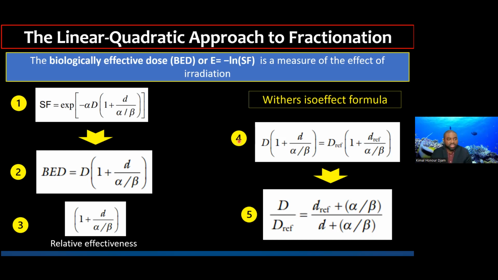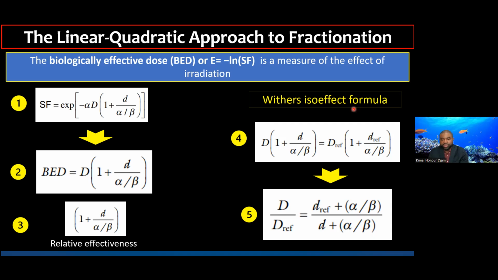Now, on the other side, if you look at Withers' isoeffect formula, let's consider hypothetically an isoeffect calculation where we want to know, for a given tissue and a change in the dose per fraction, by how much the total dose should be adjusted.